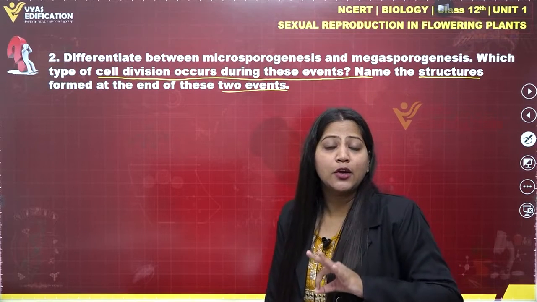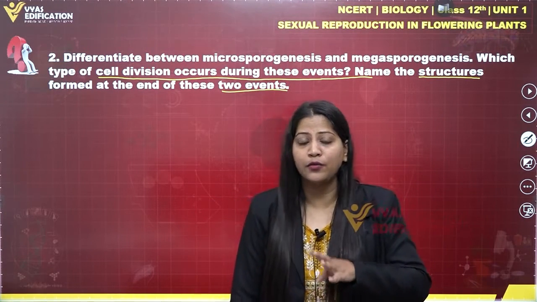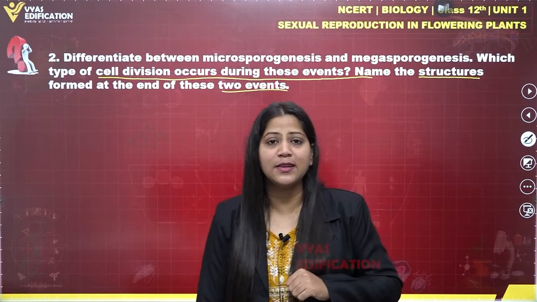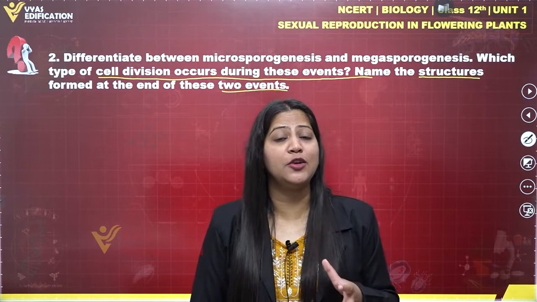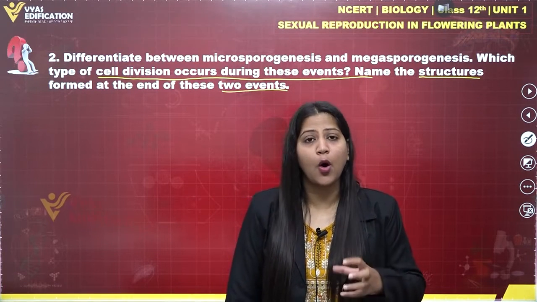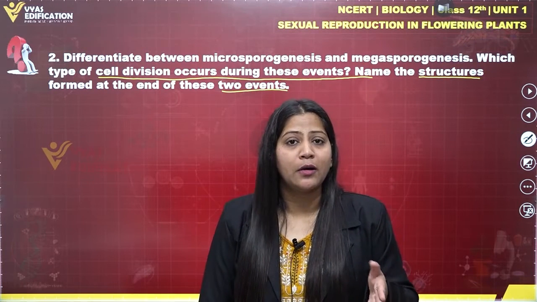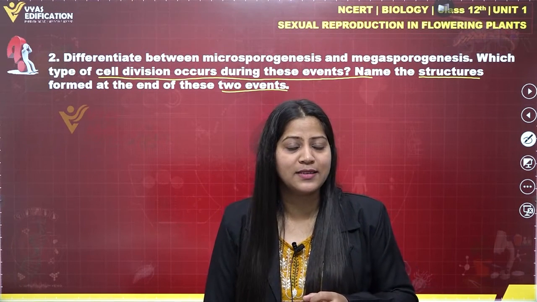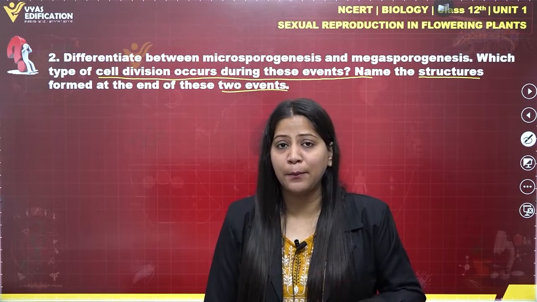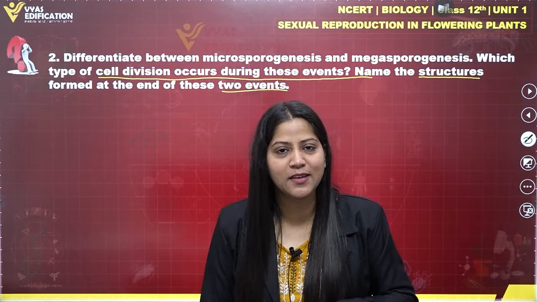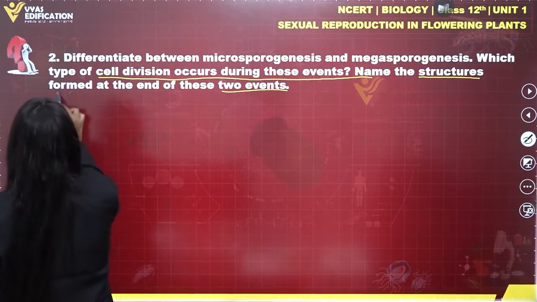At the end of the process of microsporogenesis, we will get pollen grains, which are the male gametophyte, or we can say microspores. And at the end of megasporogenesis, we will get female gametophyte such as embryo sac, or we can call it megaspore.